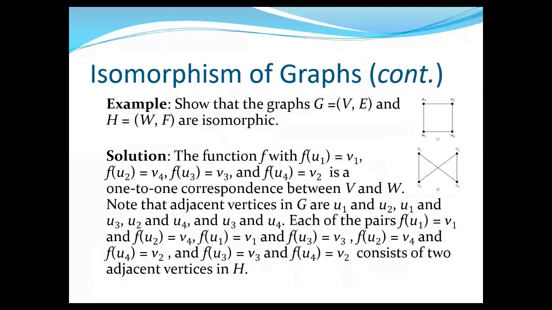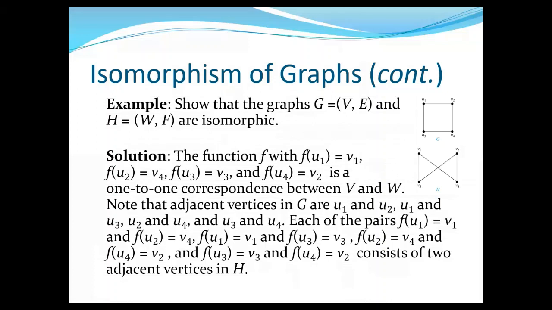So for example, we have this graph 1 and graph 2. We're going to label each vertex in graph G as U: U1, U2, U3, and U4. And for graph H, we have V1, V2, V3, and V4. As you can see here, it is drawn differently.